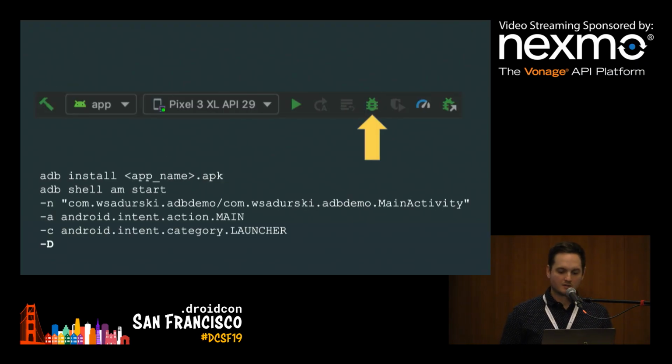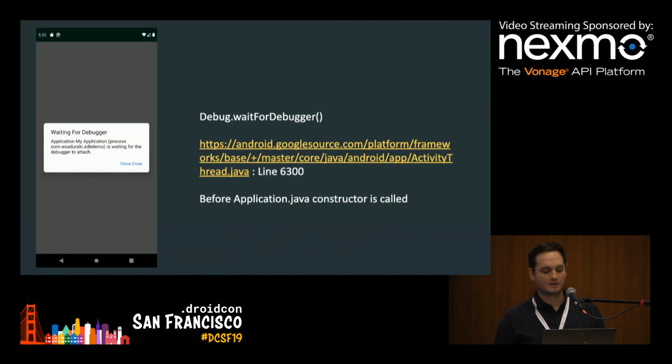Another thing: if we click on the debug button instead of run, what happens besides what we already mentioned is that a special D flag is added. What this D flag does is tell the activity manager to stop the application and make it wait for the debugger.